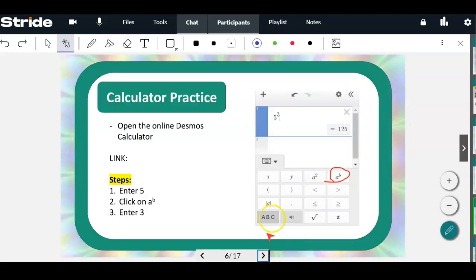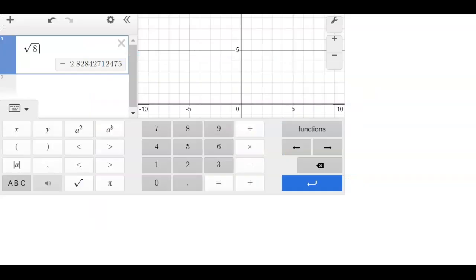My slides are not changing. There it goes. So let's look at how that's done on the calculator. It's a little bit different than the square because it's to the third power. If you're going to square a number, you could use this one, but this one is what we need to use for the other powers. So if I have 5, I'm going to raise that to the third power, 125. Simple as that.